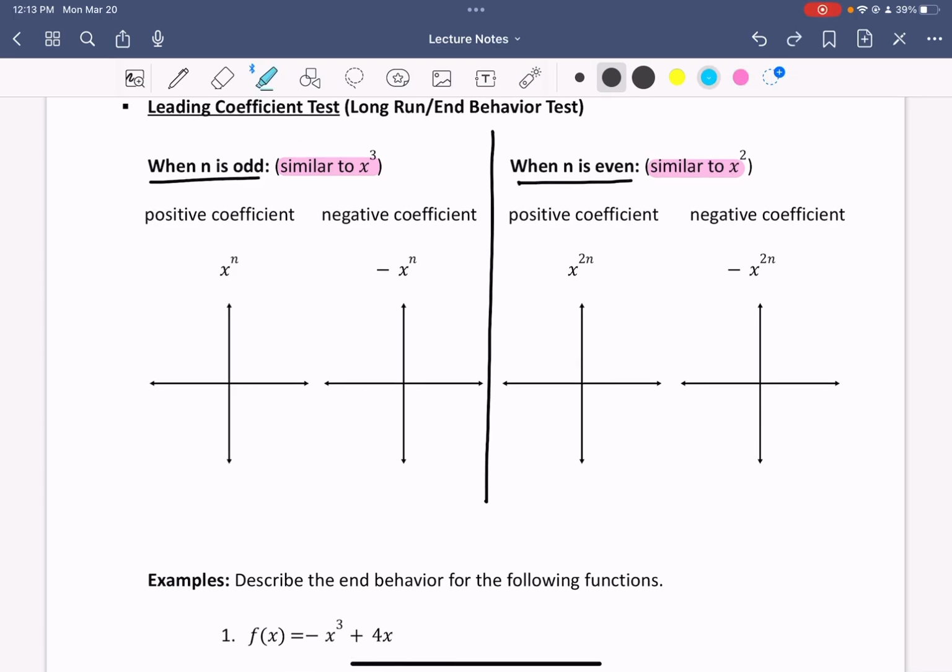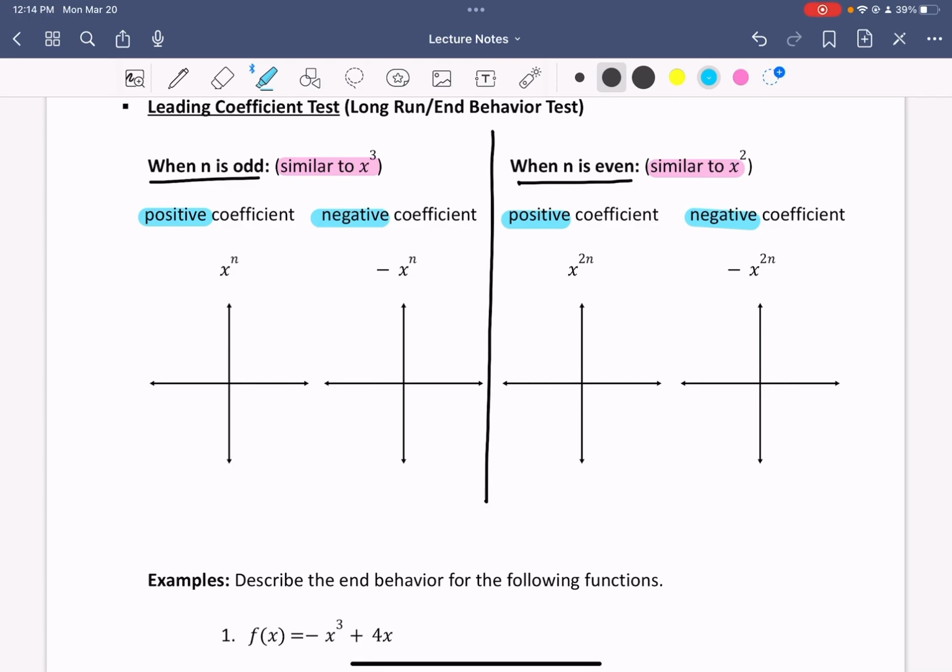Now, this is where being able to identify those degrees and coefficients is going to come into play. Split into the odd degree and even degree, but it's going to split even more when we look at these 2 facts of what is the coefficient? Is it positive or is it negative? And the same on the even. So we're going to relate it back to what we did with our parent functions.